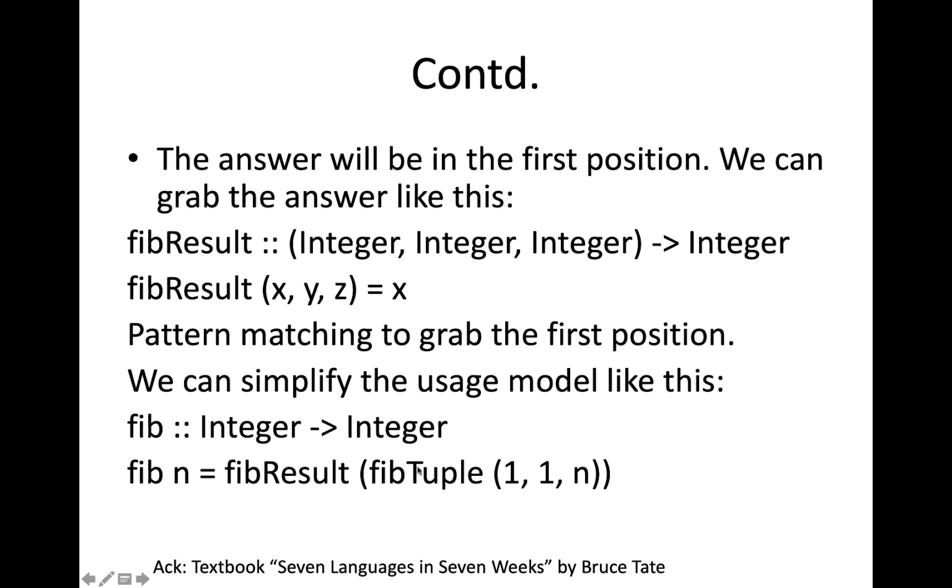We saw that in the previous slide. And then in this helper function fibResult, we extract that first component, which is the answer, the nth Fibonacci number, right? So that gives us this final implementation of the function fib, correct?